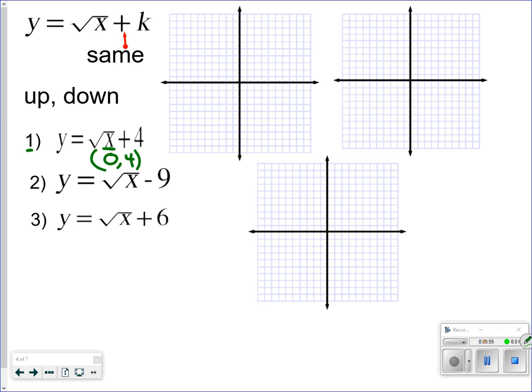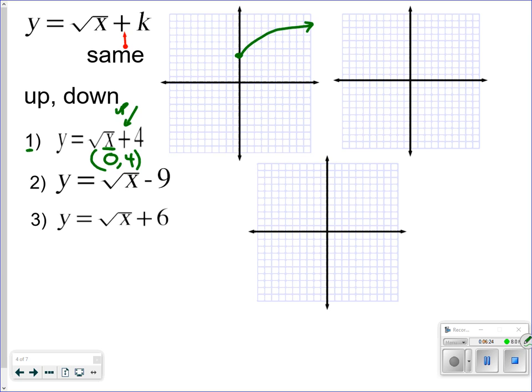That means this has traveled up 4 spots. That's that plus sign right there. So I can start at the point (0, 4) with my center of this curve, and then from there, remember, your shape goes up and to the right. This slow arc up and to the right. That would be the shape for question number 1.